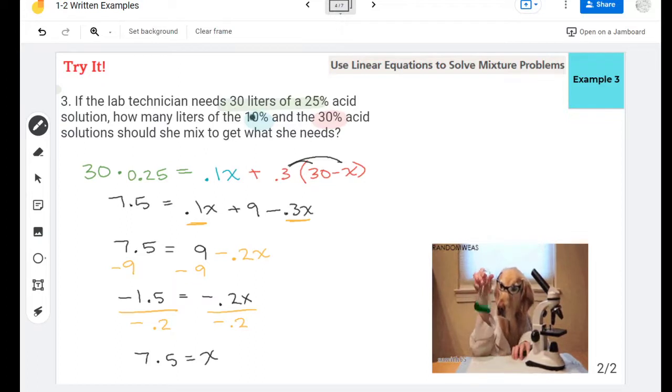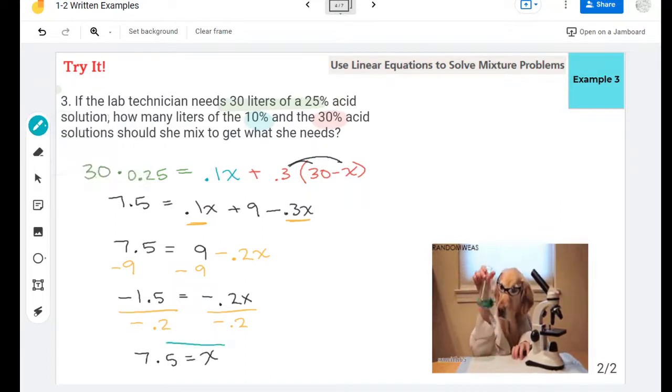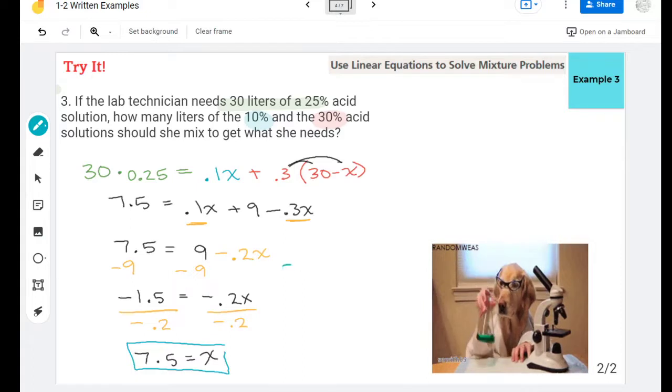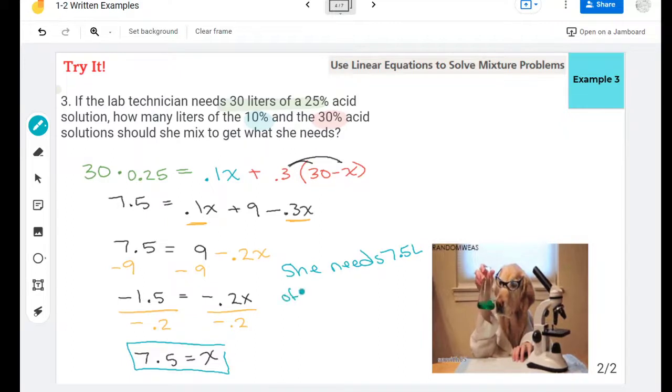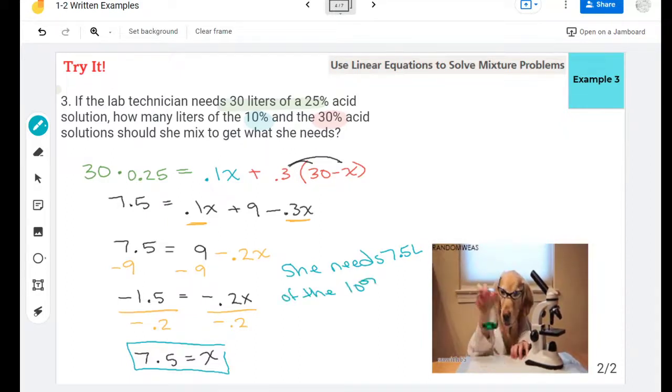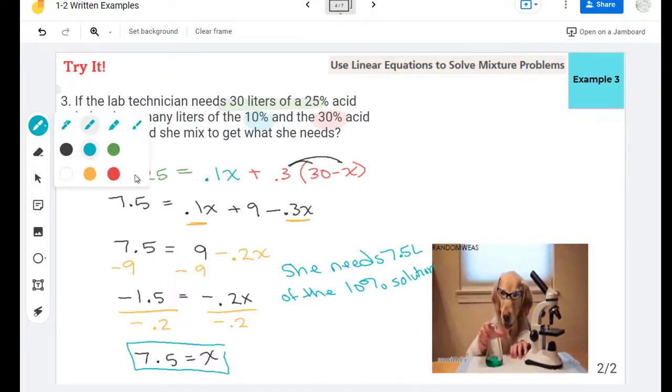So out of my 30 liters of solution, 7.5 of those liters are the 10% solution. Okay, so she needs 7.5 liters of the 10% solution. So then we need to figure out the 30% solution.